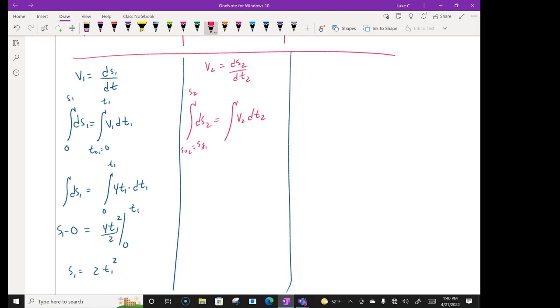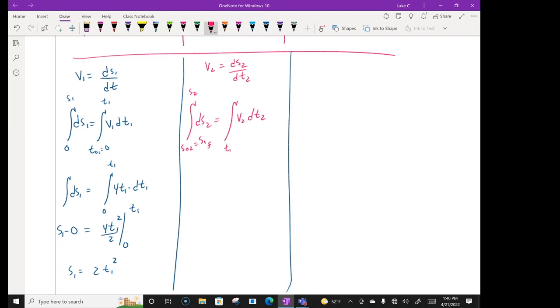It's the initial value for S, or it's really the final value of S1. So I'll put S1F, the final value. Okay.